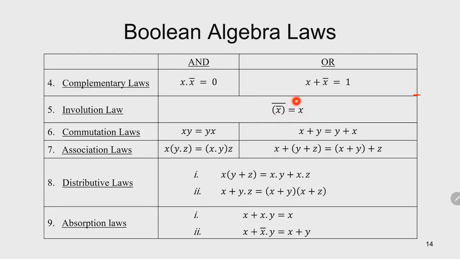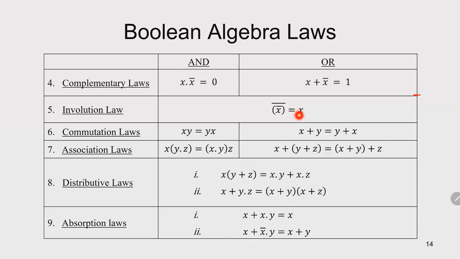If we inverse x and then inverse again, then it will become back to itself. So that is the fifth law.